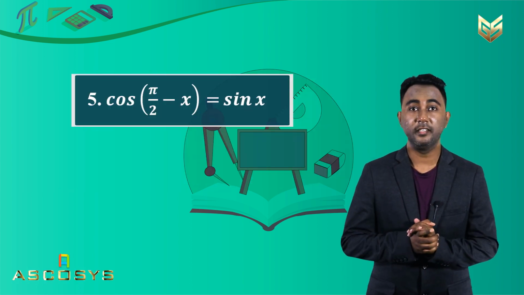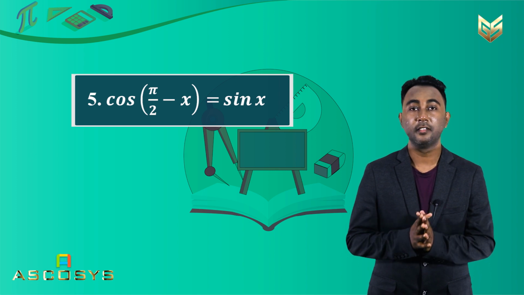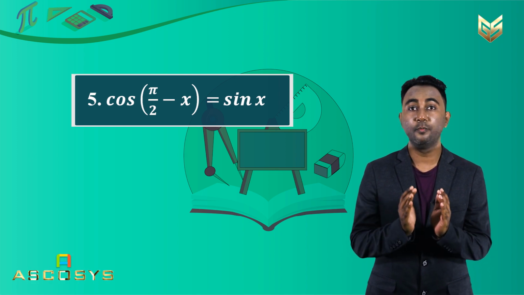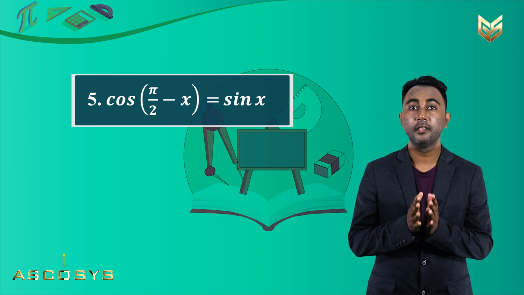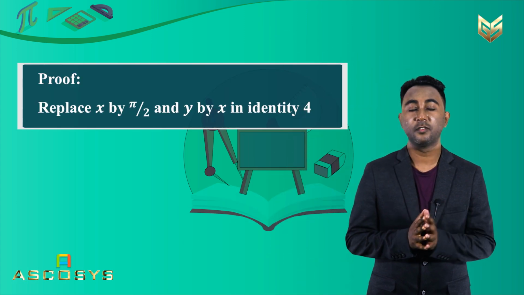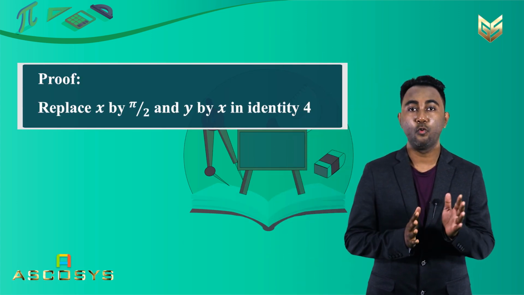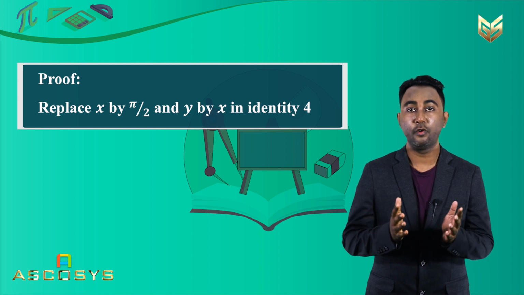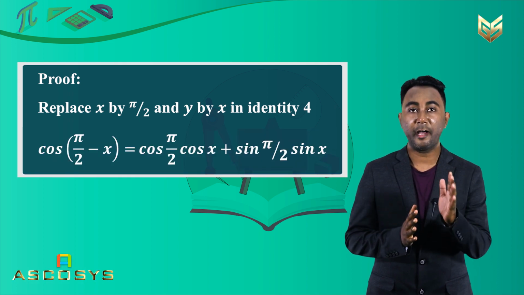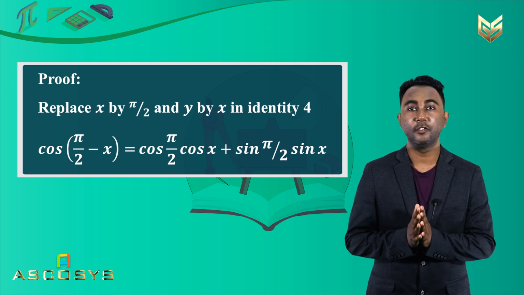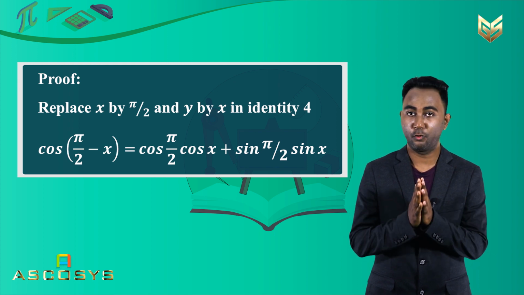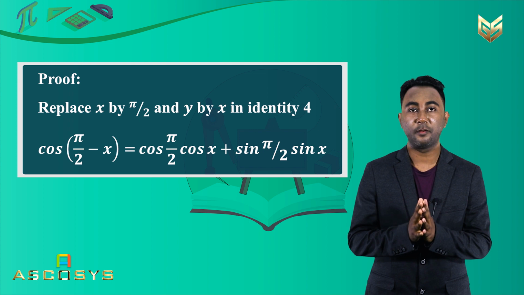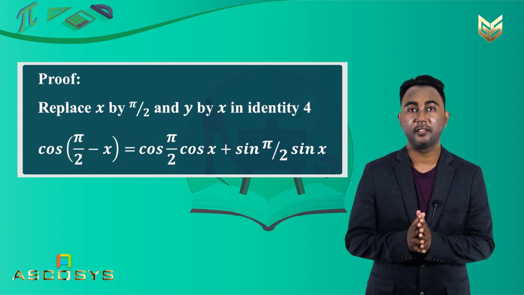Our next identity, identity number 5, is cos of pi by 2 minus x is equal to sin of x. To prove this, we will use our identity 4 and replace x by pi by 2 and y by x. Thus, our identity 4 becomes cos of pi by 2 minus x is equal to cos pi by 2 into cos x plus sin pi by 2 into sin of x.